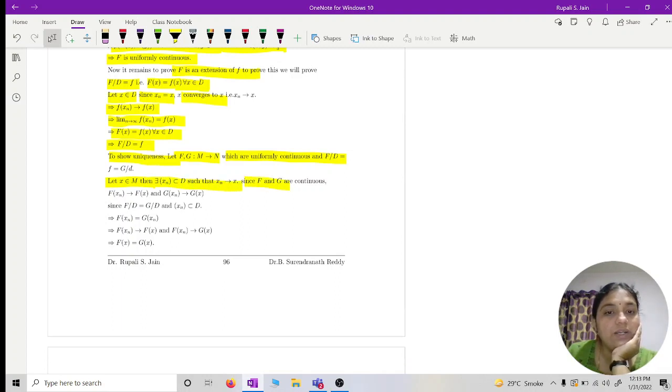Since F and G are continuous, F(x_n) converges to F(x) and G(x_n) converges to G(x). Now since F restricted to D is the same as G restricted to D and x_n is in D, F(x_n) will be equal to G(x_n). So F(x_n) converges to F(x) and F(x_n) converges to G(x). So this implies F(x) is nothing but G(x).